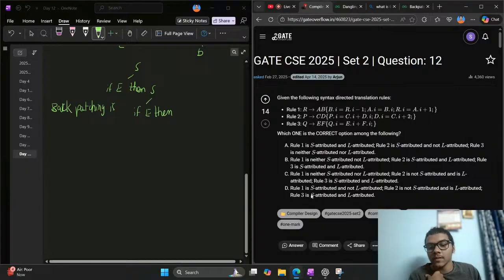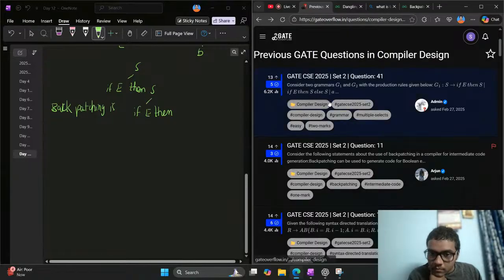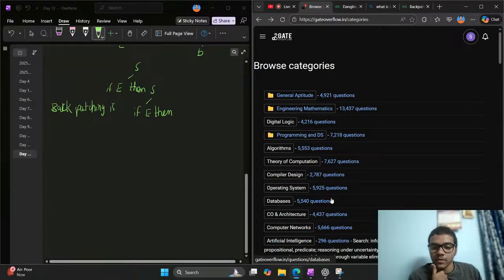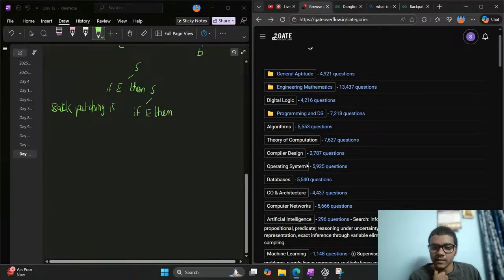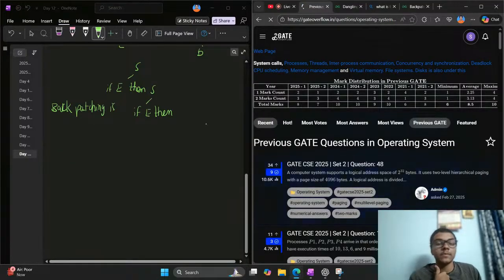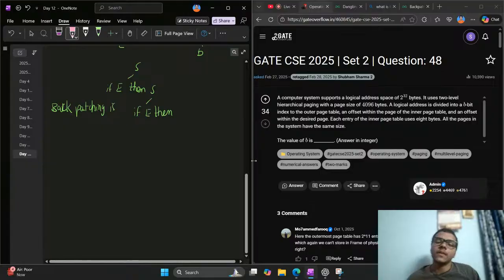Okay, we don't know what attributed and unattributed are. I guess we should leave compiler design. We should not touch it until we actually read some theory. We know some amount of everything except this one, so why waste time on this? We will read some theory and after that we will come to it. We should be able to at least comprehend these questions.